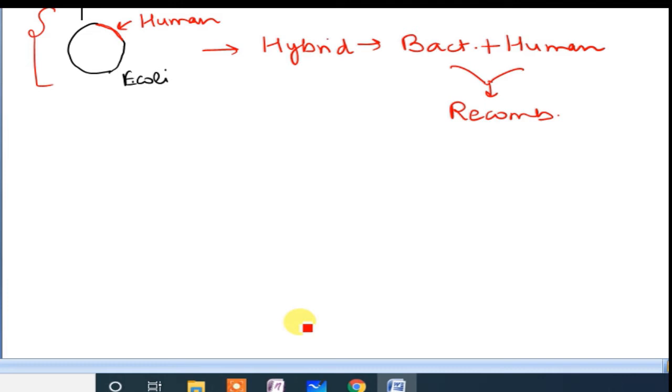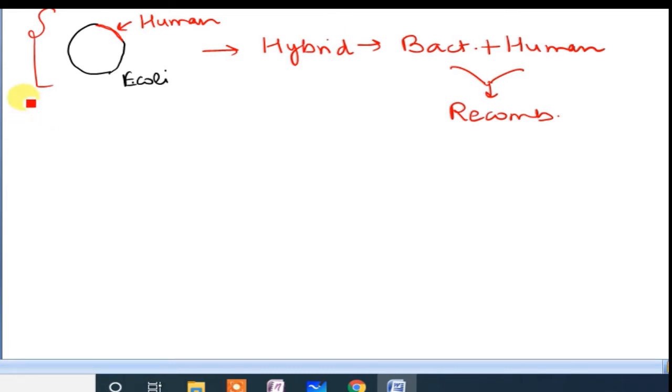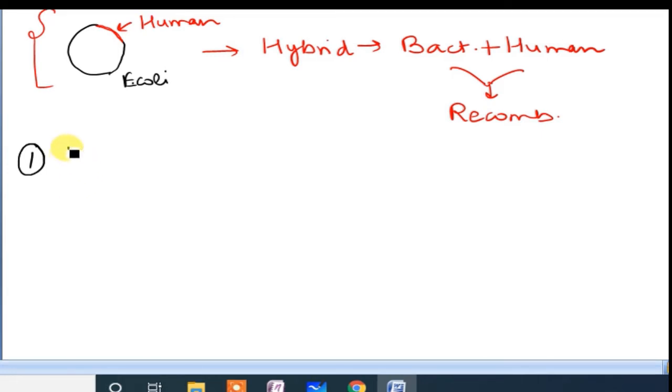Now let us understand step by step how recombinant DNA technology works. The first step is identification and isolation of the gene of interest.